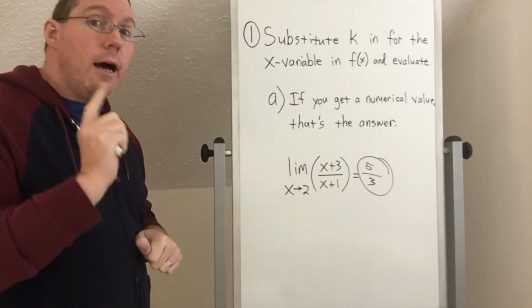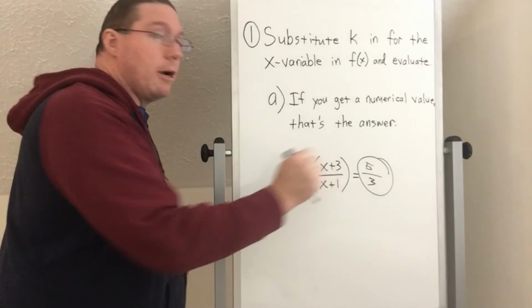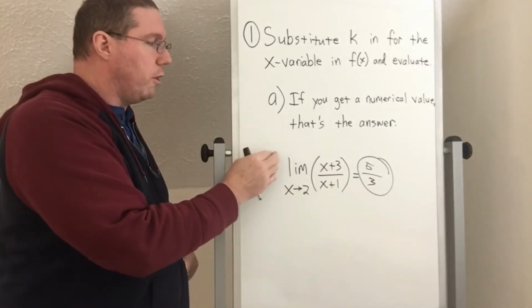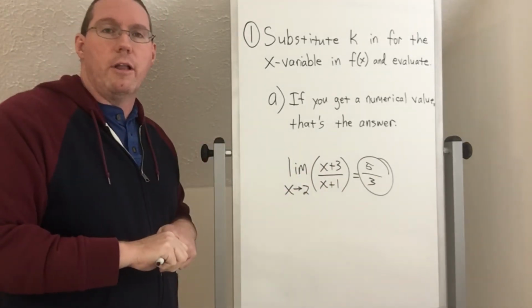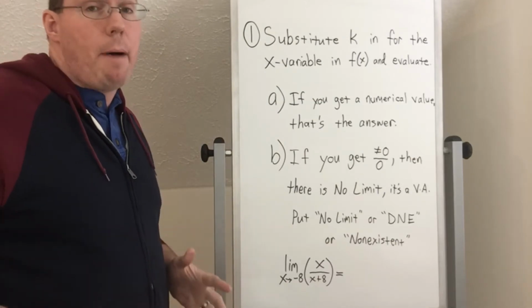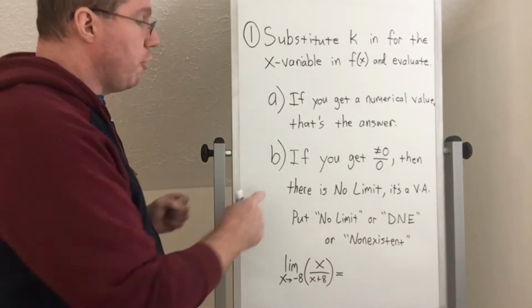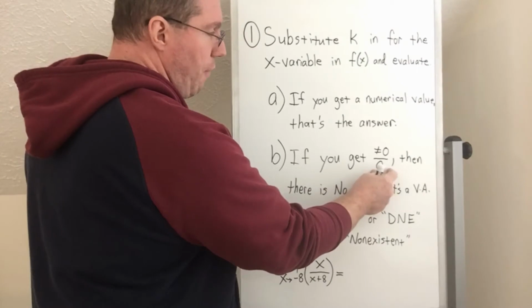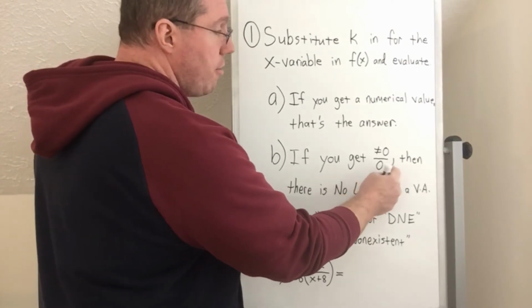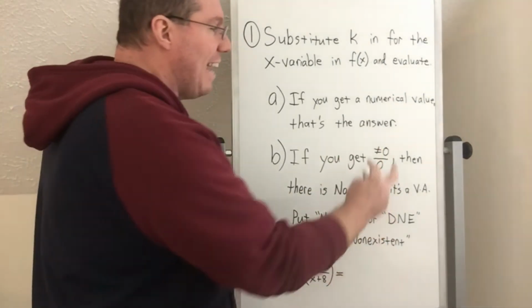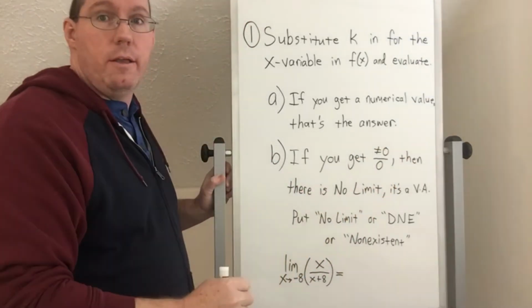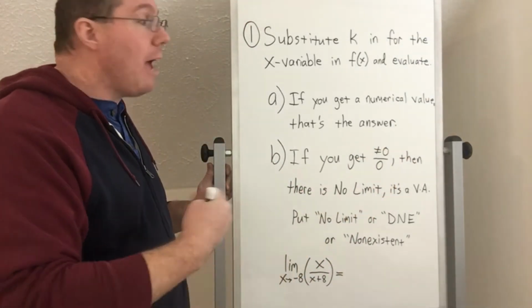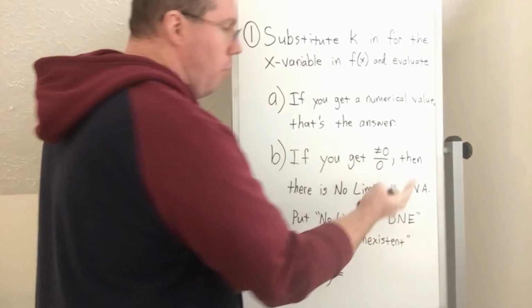Okay? But a lot of times you don't get a numerical answer. So we're going to go on to what you're going to do if you don't get a numerical answer. All right. The second possibility is that you're going to get a fraction, and that fraction winds up being a 0 in the denominator and not a 0 in the numerator, okay? Now, I refer to that as not 0 over 0.